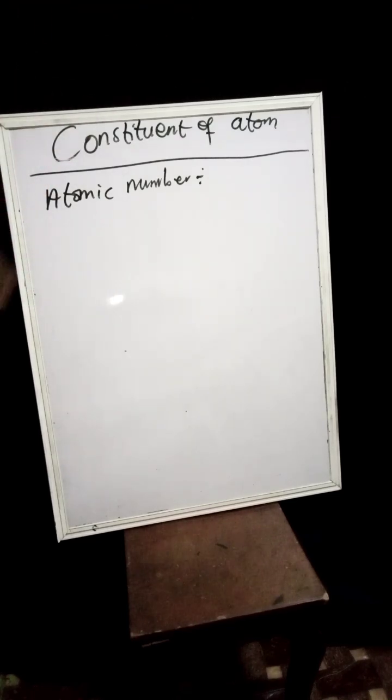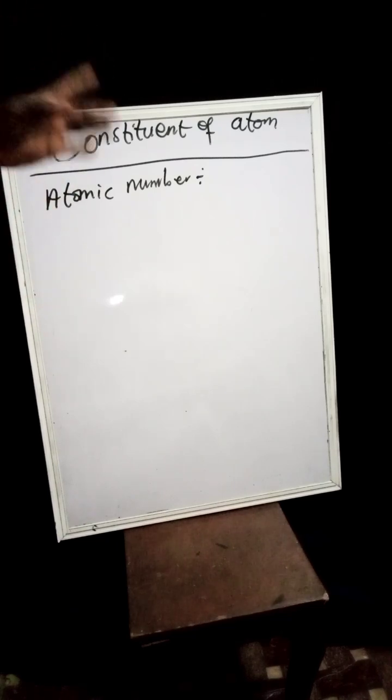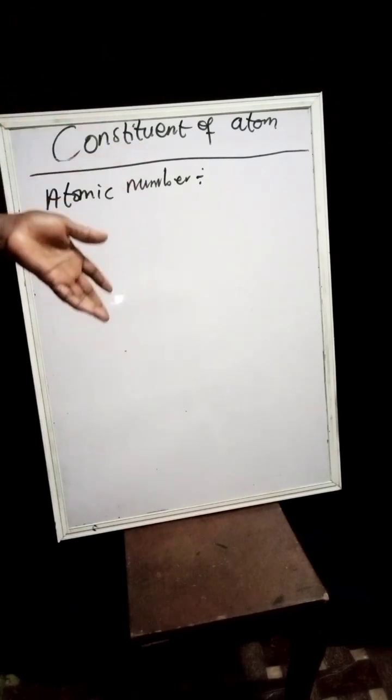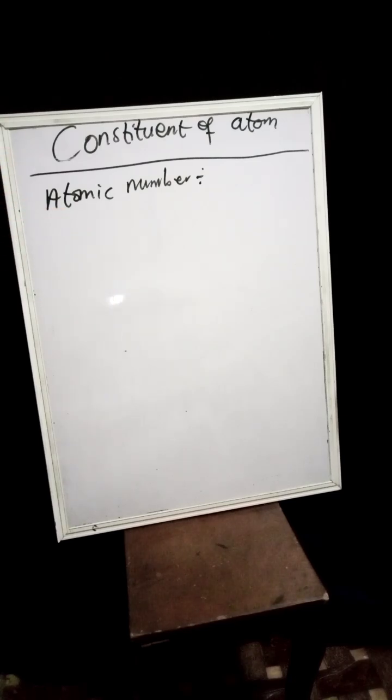Remember, we said that an atom is electrically neutral. That means that the atom doesn't have any charge at all. It's neither positive nor negative. And remember, we have already talked about the three particles that make up an atom. We said that the third particle is nil, which is the neutron. It has no charge.